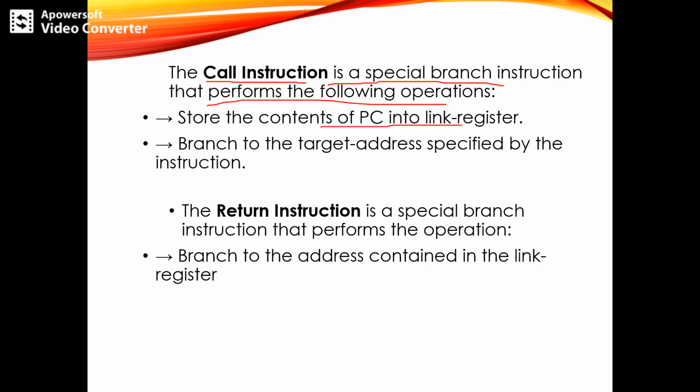In the subroutine, we use a special register called the link register to hold the return address. So the content of PC is copied into the link register. Then it branches to the target address specified by the instruction, that is, the address of the subroutine being called.